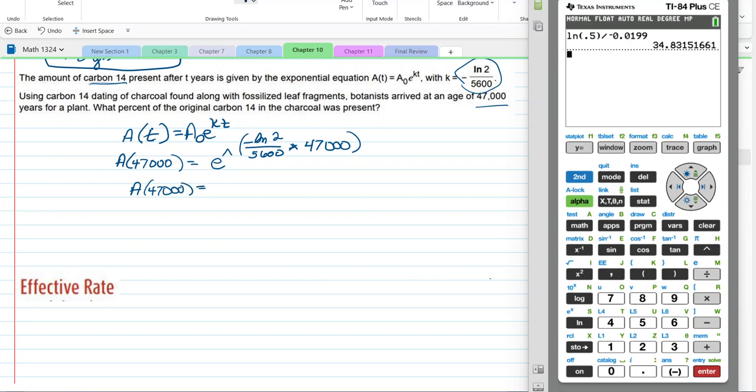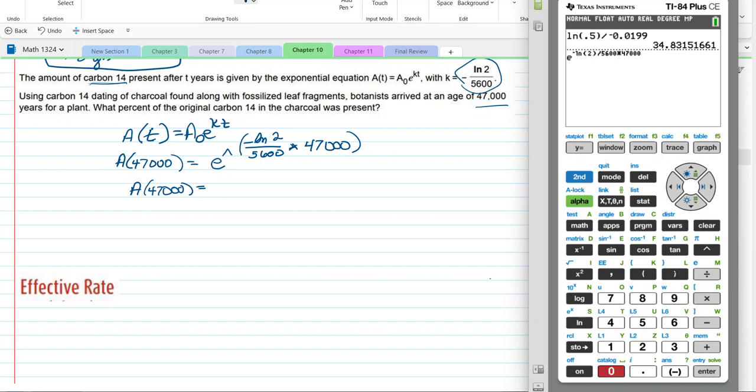So we're going to do second ln, and we're going to enter negative ln of 2 divided by 5612 times 47.